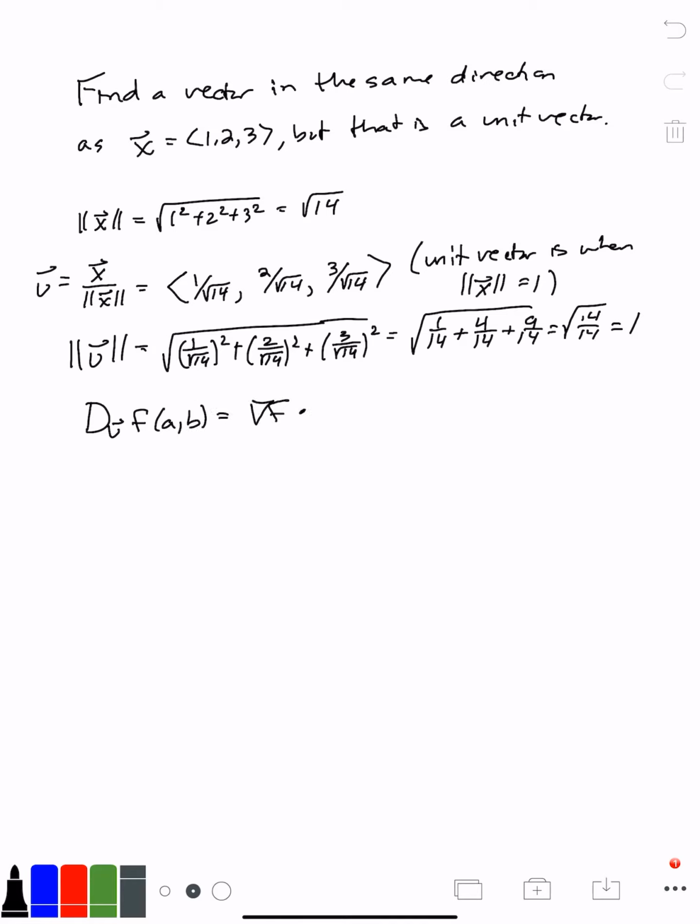You needed a unit vector there because you only want the size, how big the derivative is, to be based on the function. You don't want it to be based on the magnitude of the direction vector. You don't want two different vectors in the same direction getting different answers, so you normalize it to the unit vector. And it's a very, very useful thing that we can find a unit vector in any direction using this process.